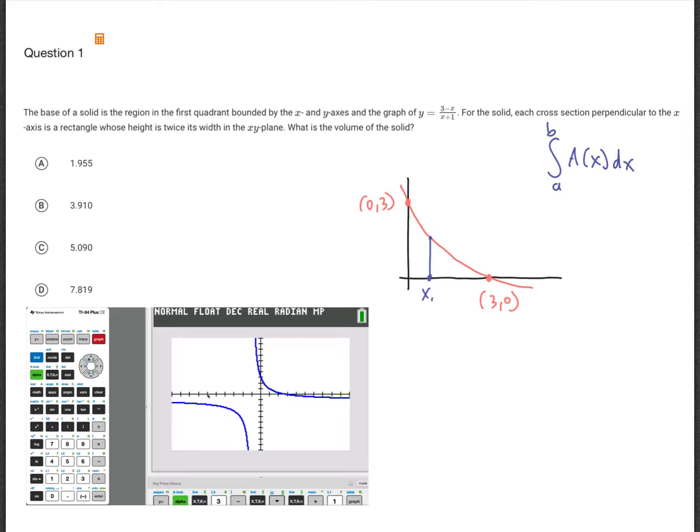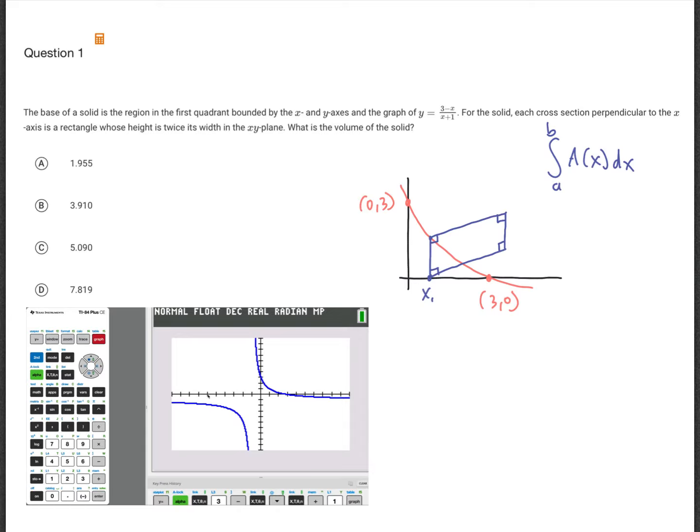And this is the width of the rectangle, and the height is going to be twice the width. So the height is going to be something like this. And this is a rectangle here that's like coming up out of the paper.